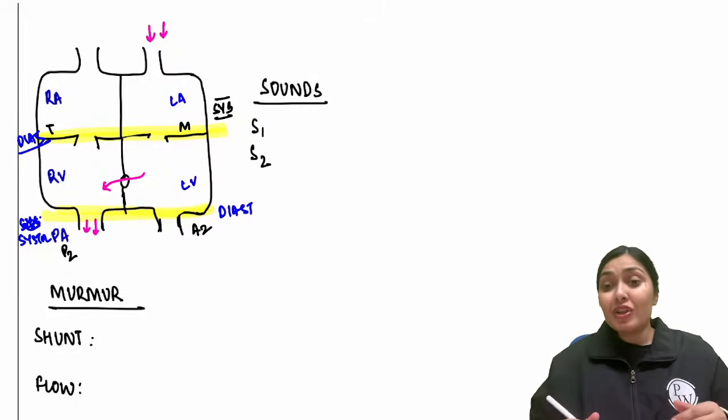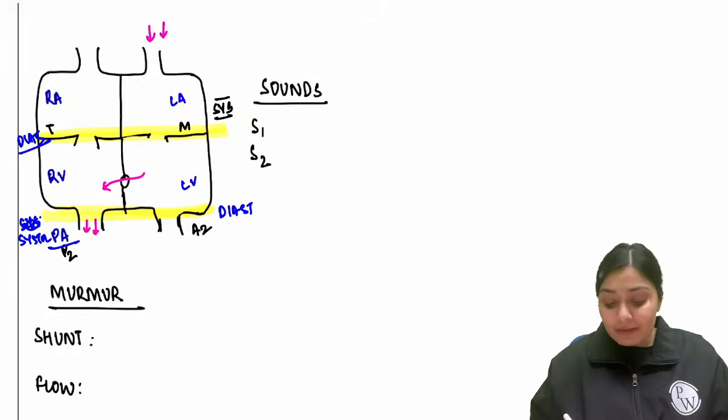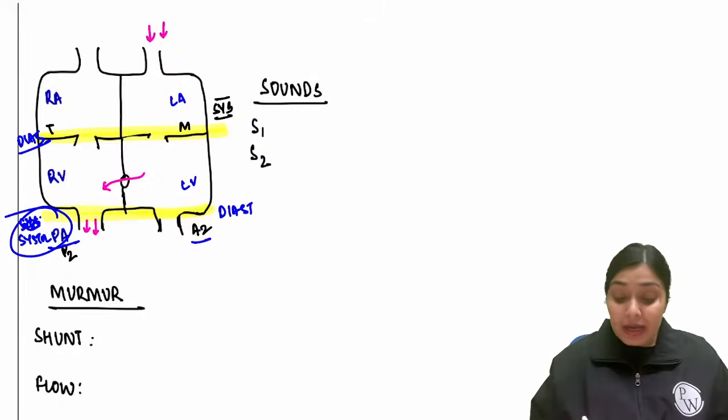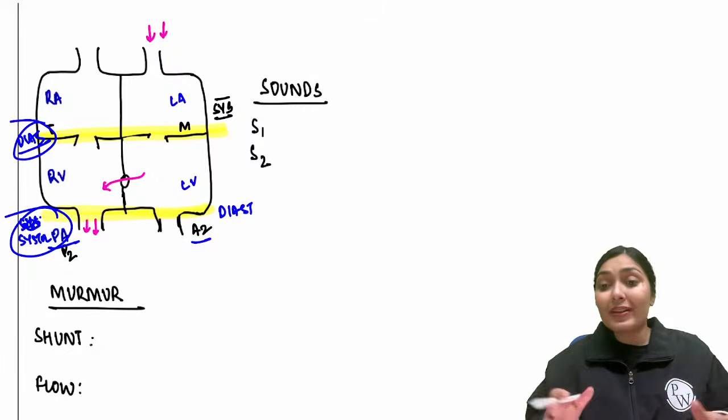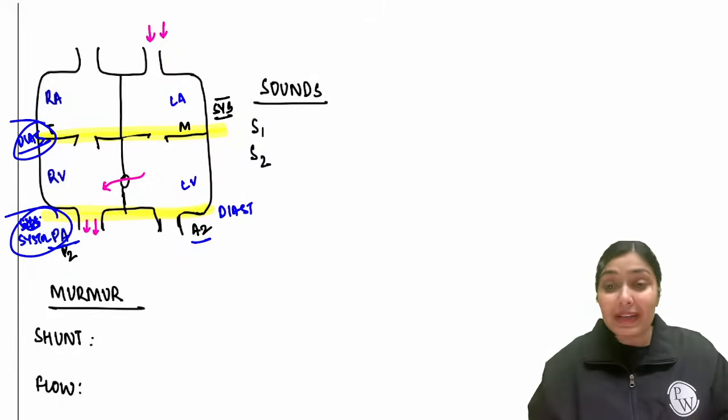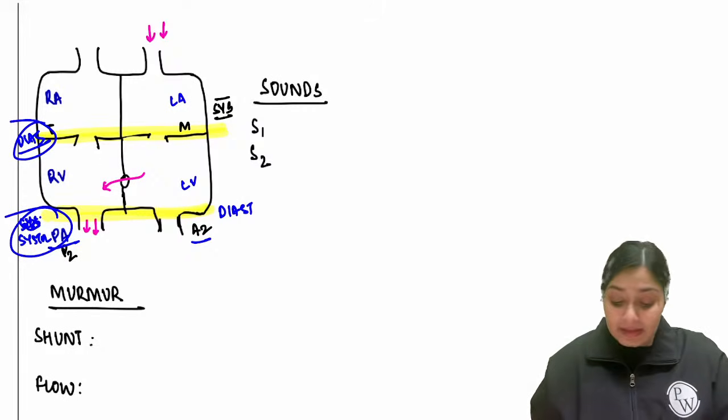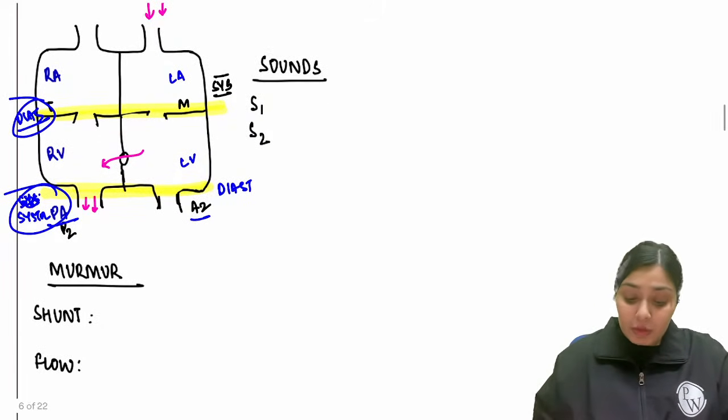So whenever there is high flow through pulmonary artery and aortic artery, there will be which type of murmur? There will be a systolic murmur. And whenever there is high flow at the tricuspid and the mitral area, there will be diastolic murmur. Understand? So let's look at the murmurs over here.